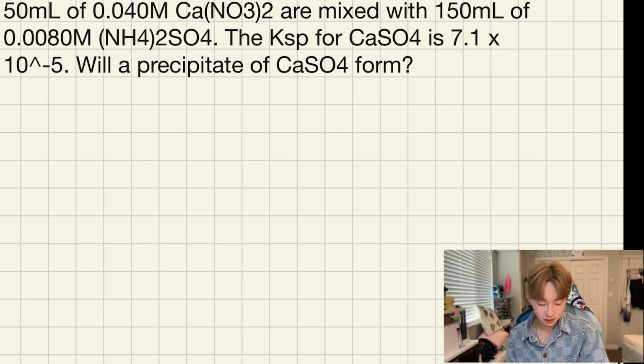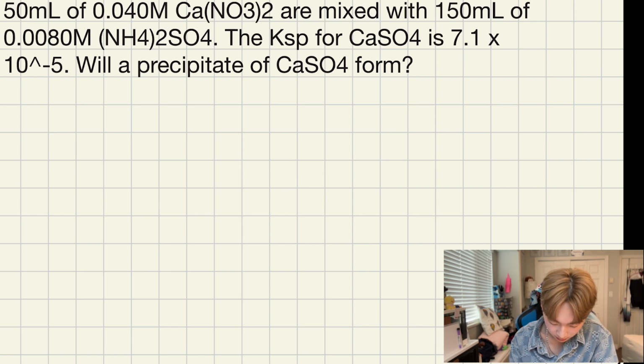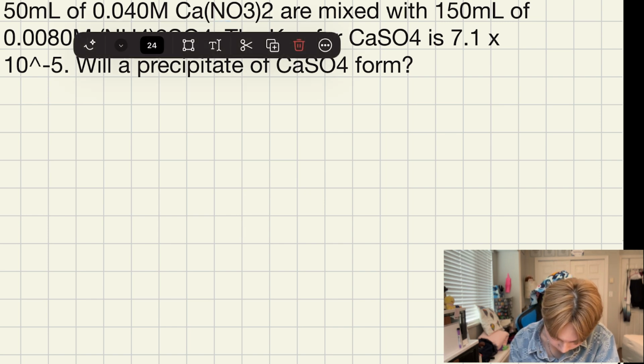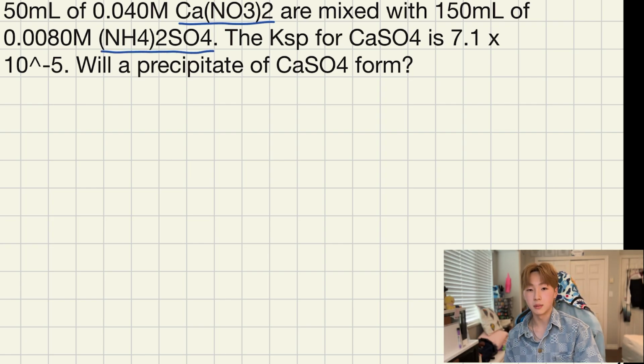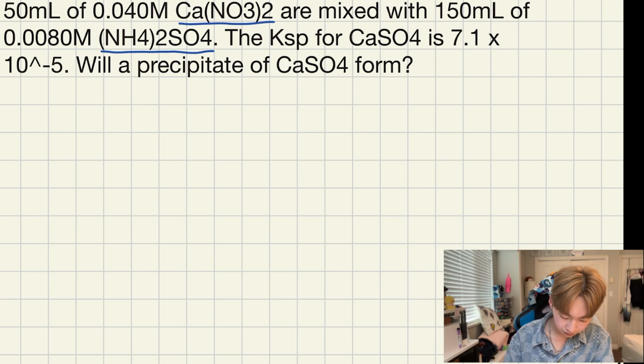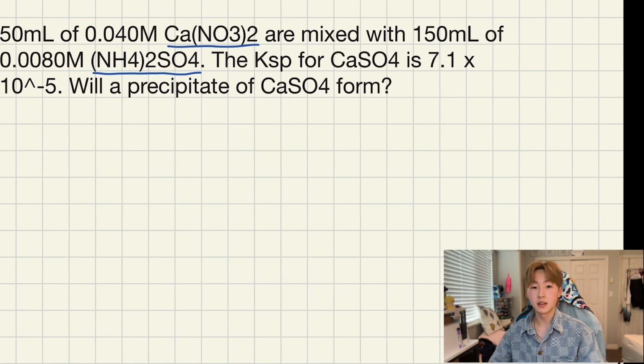So this may look confusing at first, but what we come to notice is that these two things here, they actually dissociate 100% or close to. If we check our solubility table, they are soluble. So that means it's going to readily dissolve into its ions, and there won't be an equilibrium.